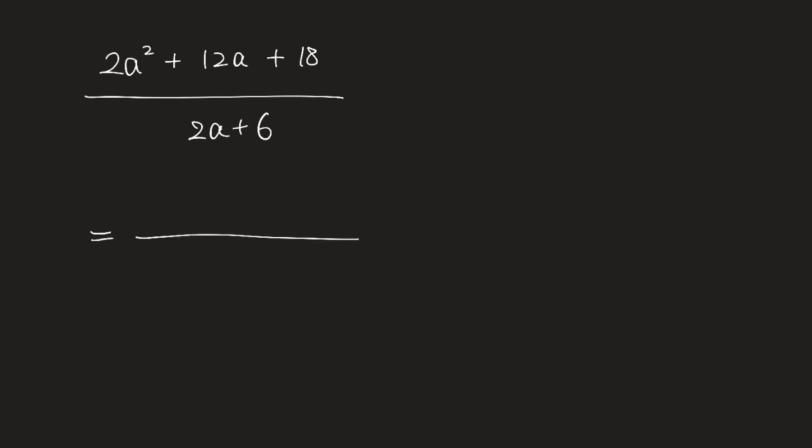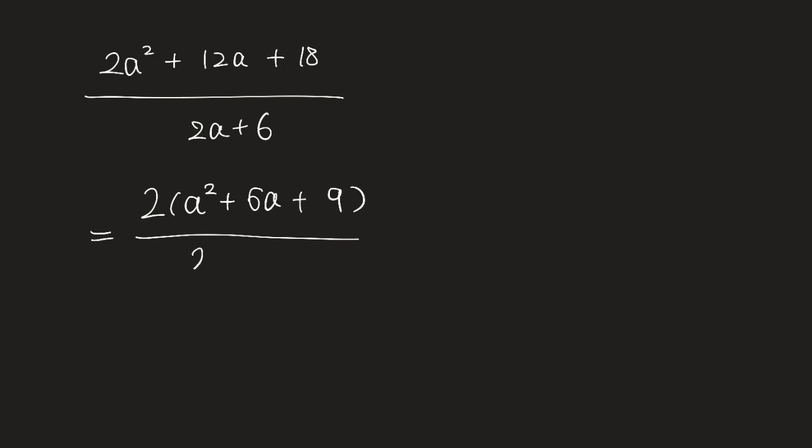Okay, and then next one will be a question like this. Okay, 2a squared plus 12a plus 18, and then over 2a plus 6. So do the factorization first, then you have something like this.